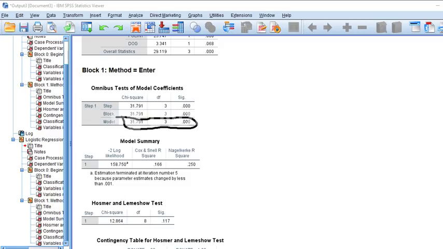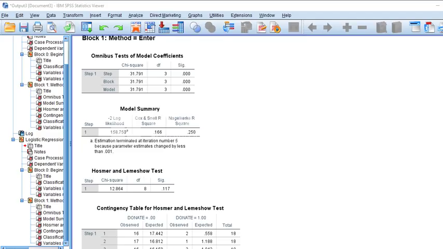What this is reflecting is a test of whether our model that includes our full set of predictors is a significant improvement in fit over the null model that we saw up here. If the chi-square test is statistically significant, which in this case we see that it is, then that indicates that our full model is a significant improvement in fit over the null model.